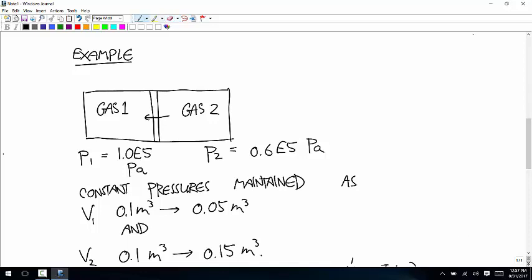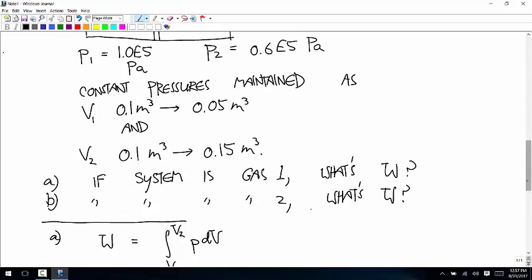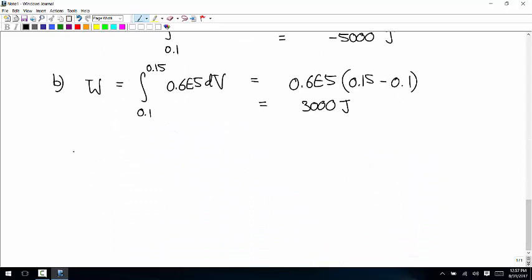So all the examples we've done so far, I think we've just done two, have assumed that the pressure stays constant during the process. That makes the math easy, but it's not usually a valid assumption.